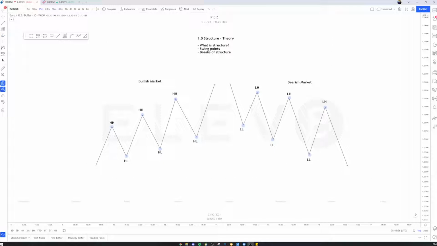In order to see a break of structure, we need to see a break of this swing point each time. So there's no break of structure if we just break some internal structure here. It has to break the higher high, the higher low, the lower low or the lower high. For example, breaking this would be a break of structure, and so on.